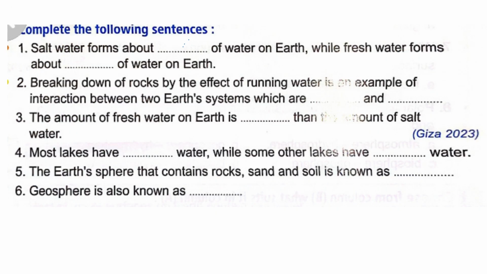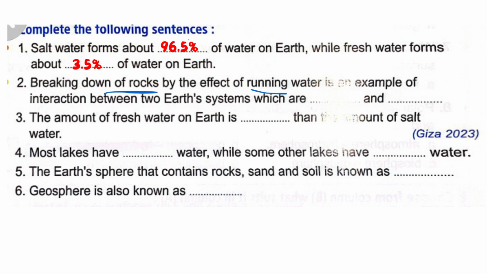We have here salt water forms about, you know, the percentage of the salt water, yes, it's 96.5% of water on earth, while fresh water forms about 3.5% of water on earth.